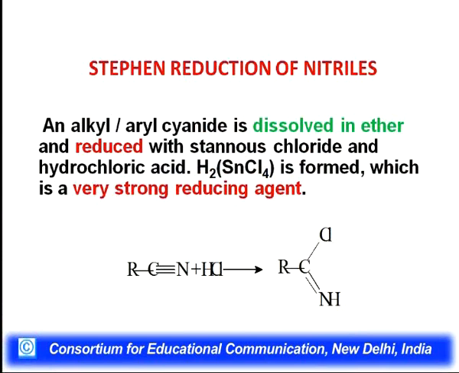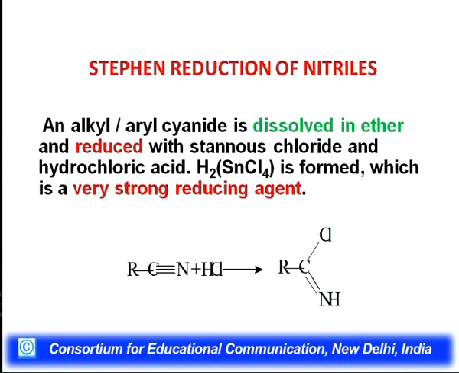In Stephen's reduction of nitriles, we treat alkyl cyanides with stannous chloride and hydrochloric acid. Stannous chloride and hydrochloric acid react to form H2CN SnCl4. When we are using stannous chloride and getting SnCl4, what we observe is that Sn is being oxidized, that is, its oxidation state is changing from +2 to +4.